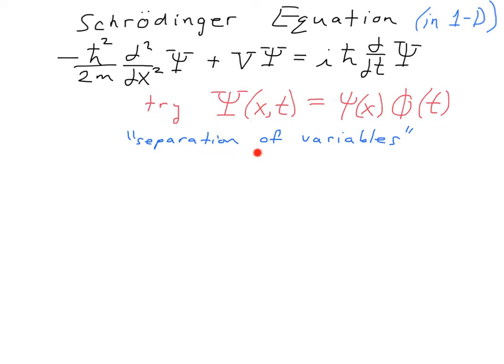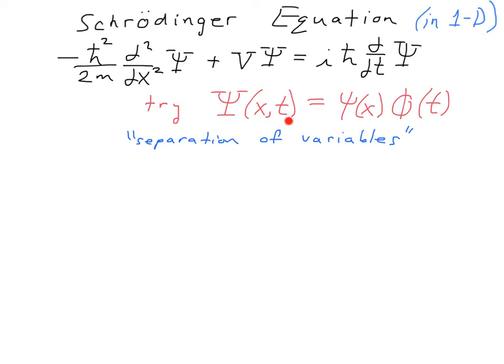The separation of variables method involves trying a provisional assumption that those dependencies on position and time are separate. In other words, it involves an assumption that our overall solution that we're looking for, the wave function, has a part where we can basically factor the position and time dependencies out.